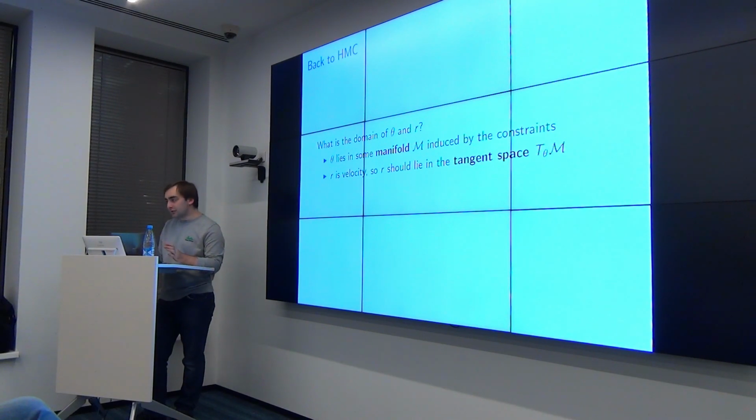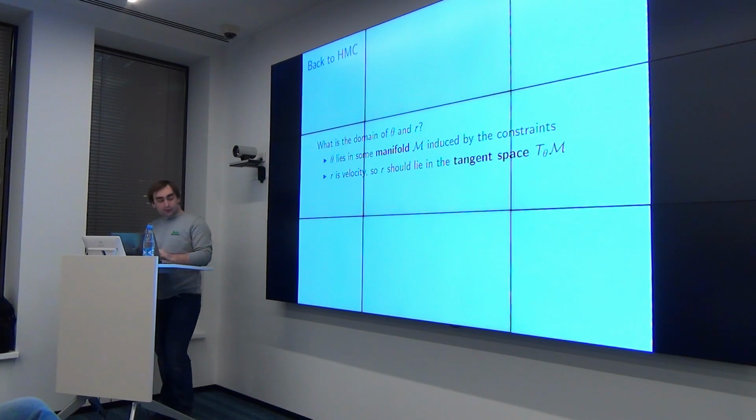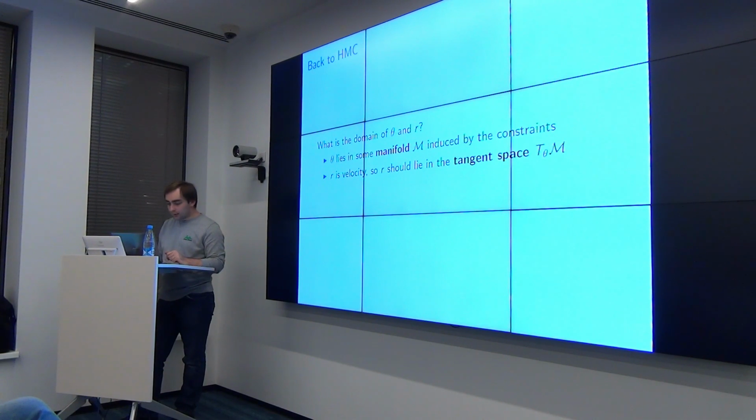Let's assume the constraints are smooth, so the manifold is smooth also. And r represents the velocity, and velocity, as we know, should lie in the tangent space. So now we can try to fix the leapfrog equations with that knowledge.